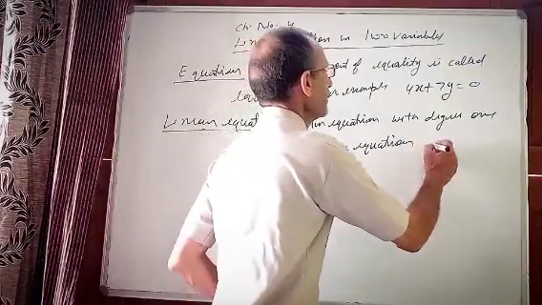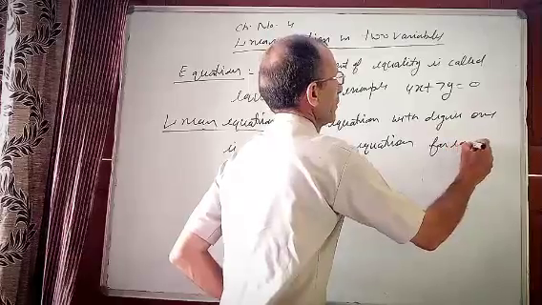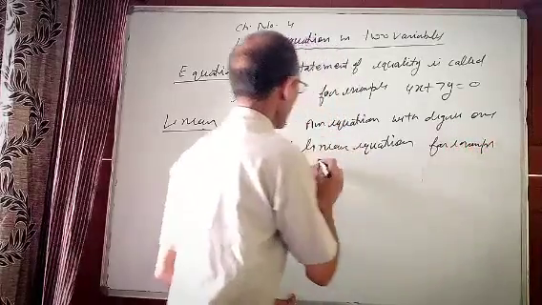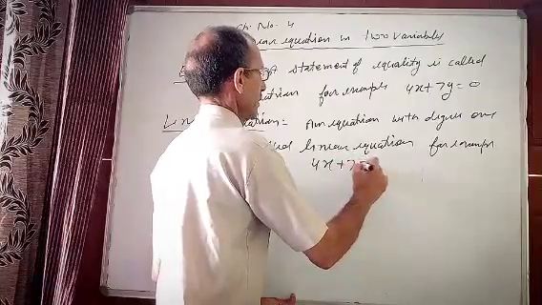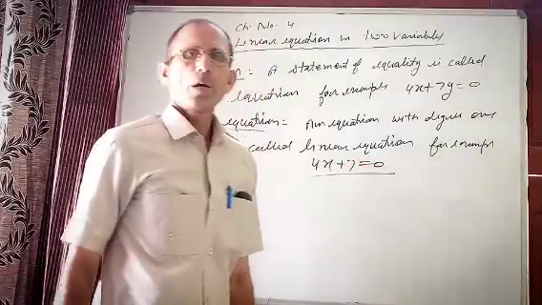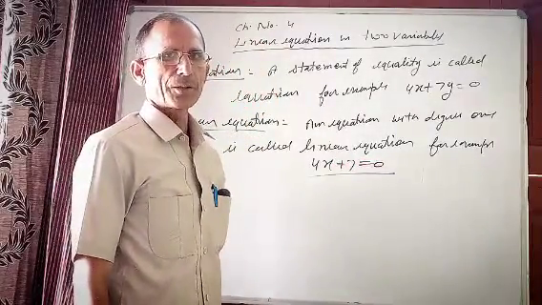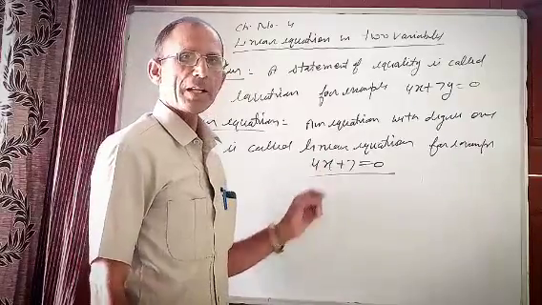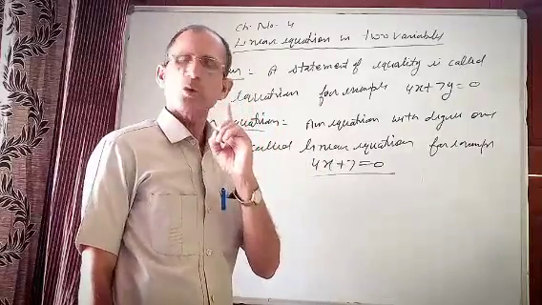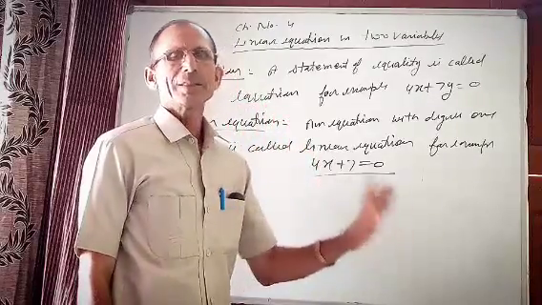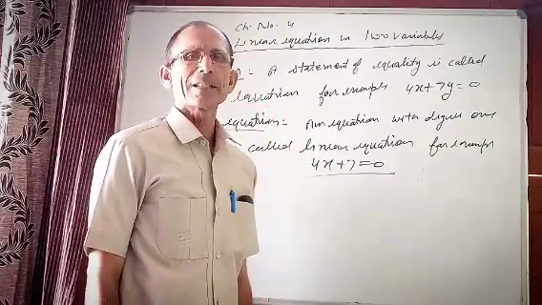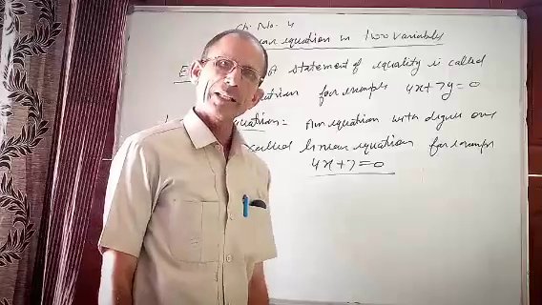For example, 4x plus 7 is equal to 0. Here x is the variable, so the power of the variable should be 1, not more than 1. If the power of the variable is 1, that is called a linear equation.